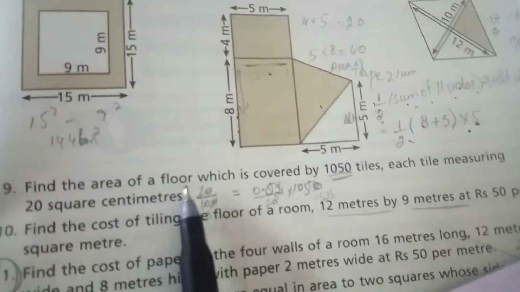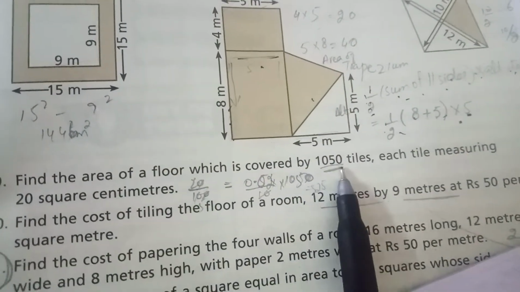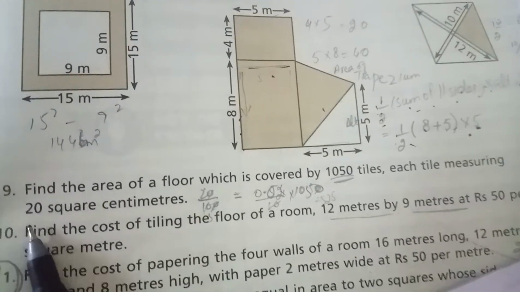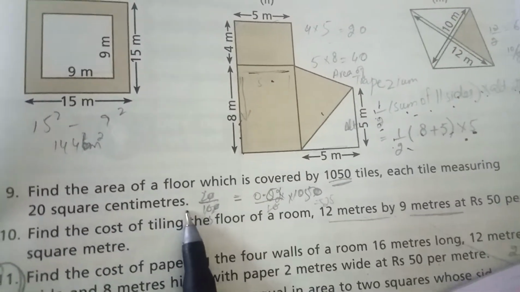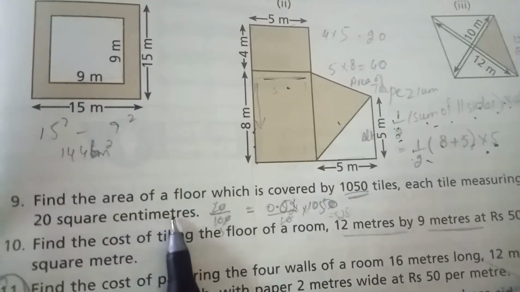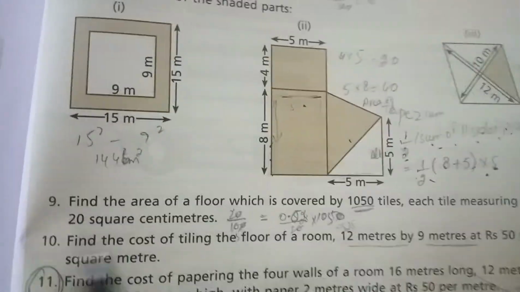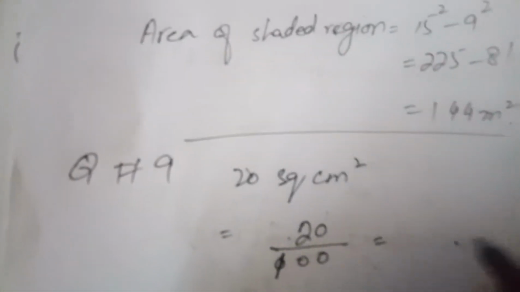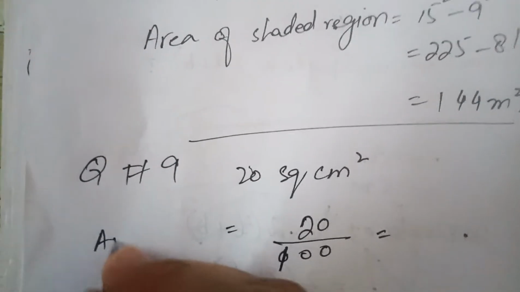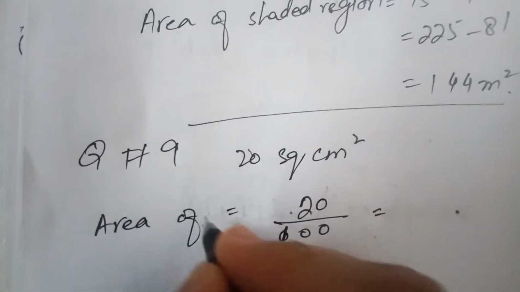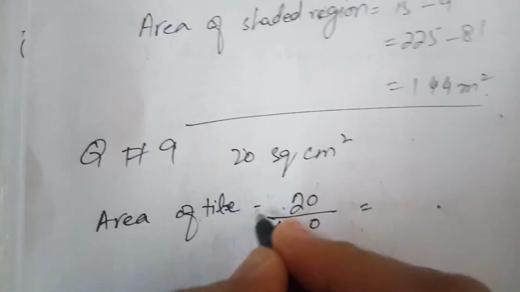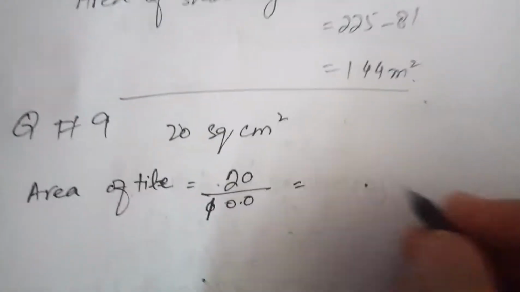Find the area of a floor which is covered by 1050 tiles, each tile measuring 20 square centimeters. First of all, you have to convert the centimeters into meters. First we take the area of a tile, 20 square centimeters.